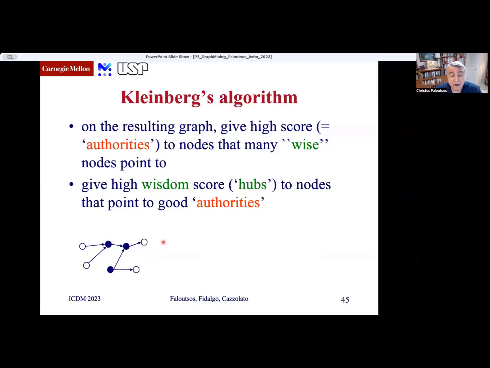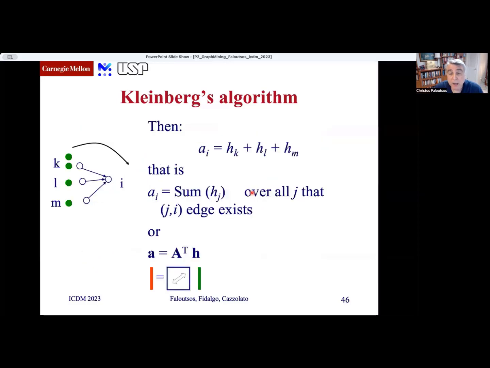For the resulting subgraph, we want to give two scores, an authority score for every node and a wisdom score, or hubness score, for every node too. How to do that?